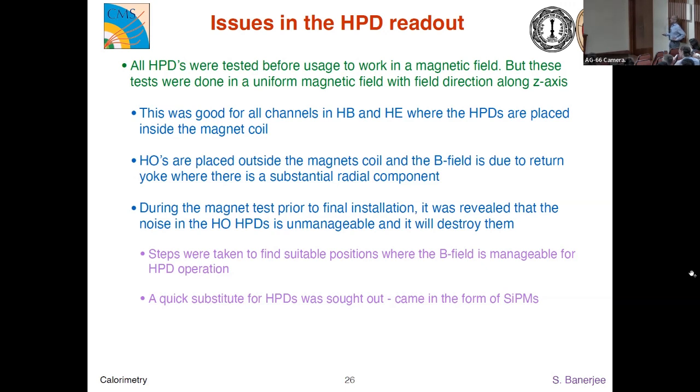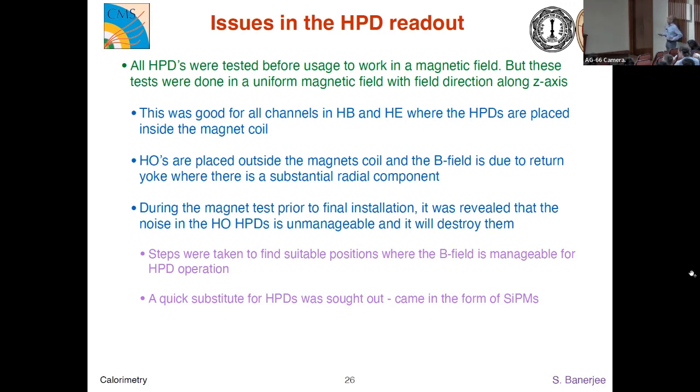What about HCAL? All HPDs were tested in the context of a magnetic field, but these tests were done in a uniform magnetic field with field direction along the z-axis. Now, we had what we call the Magnet Test and Cosmic Challenge, called the MTCC, just before the run.